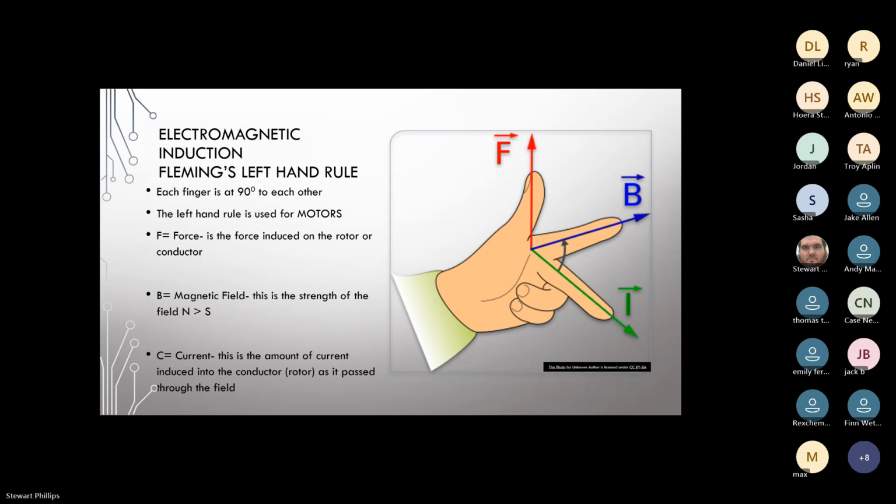We use force, so whether the winding or coil inside the magnetic field is going up or down, and then we know which direction the current is going. We hold our hand in front of us and point the force up because the rotor is going up and clockwise, but the magnetic field is going from left to right, north to south. The current would be flowing towards us.